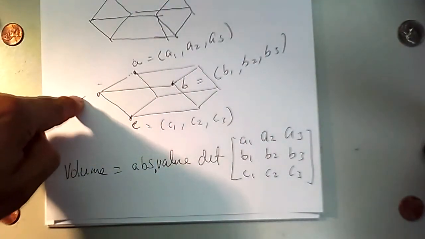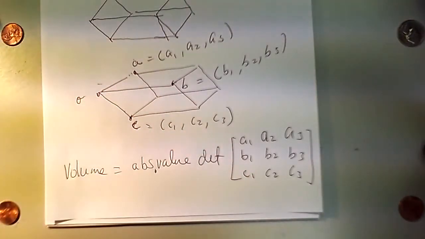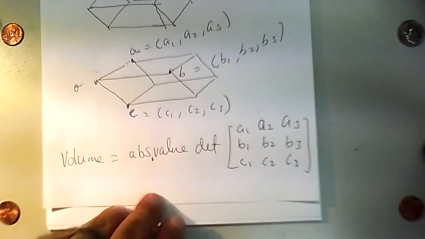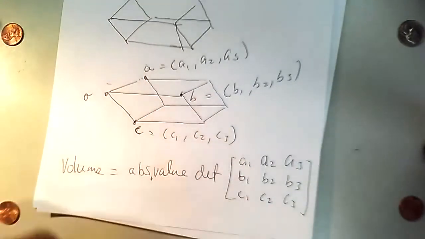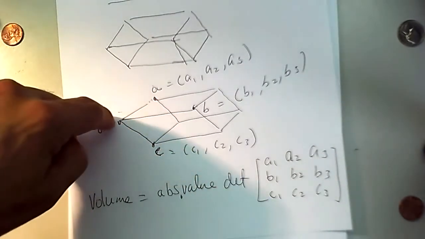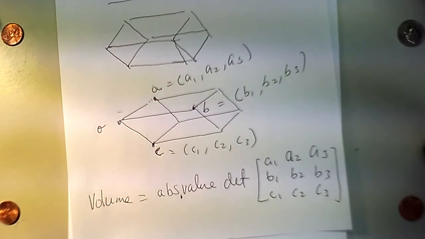The origin, A, B, and C are coplanar if and only if this volume is equal to zero. Three vectors are always coplanar, so we have to include O. The origin is one of the corners of this parallel pipe.